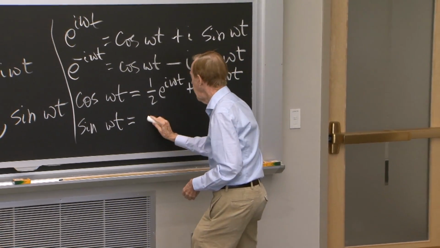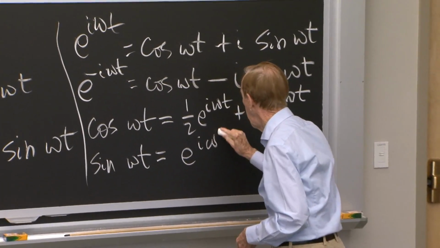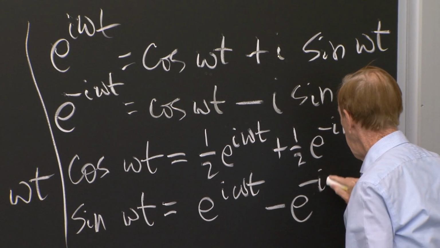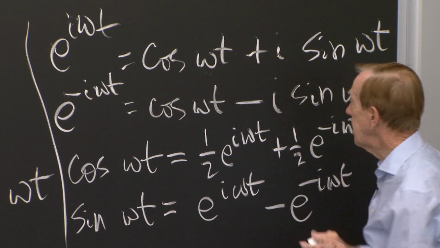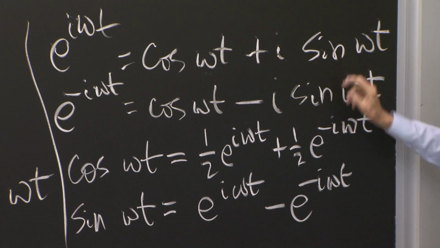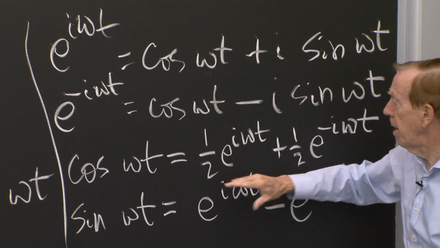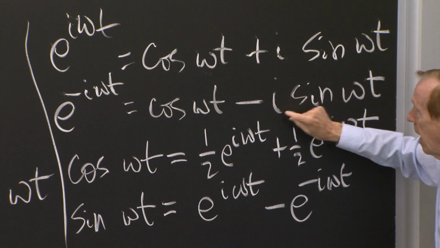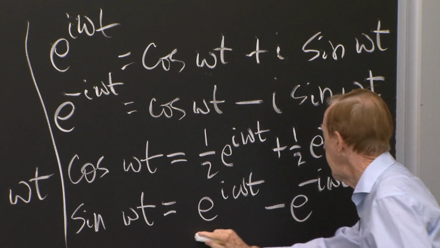So I'm going to take e to the i omega t minus e to the minus i omega t. Take the difference, but then I've got 2i multiplying the sine. Up here I had a 2, but now when I subtract, these i's are in there, so I divide by 2i.